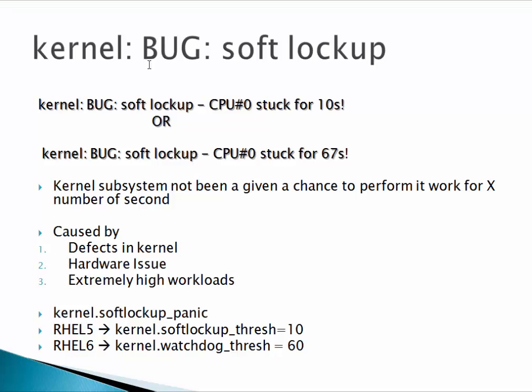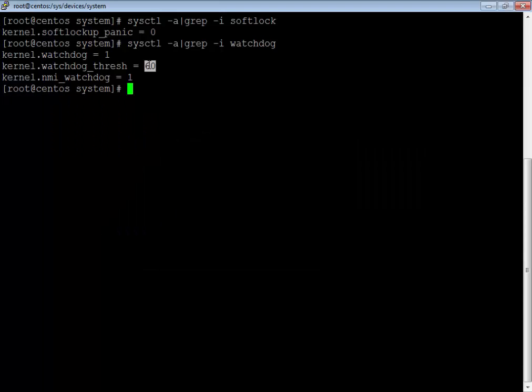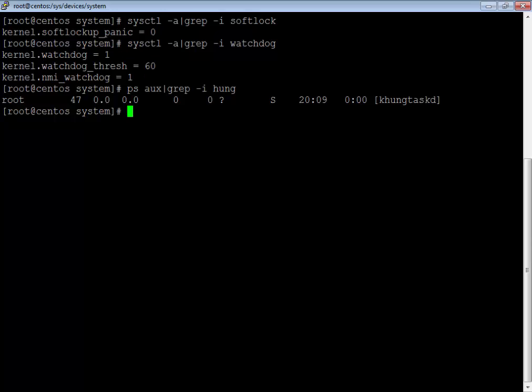Okay, now let's look at this error. This is one of the errors which I think is seen by most of the people, and it was introduced in RHEL 5.5. If you run ps aux and grep for hung, you will see one of the kernel threads called khungtaskd, and currently it is in a sleeping state.